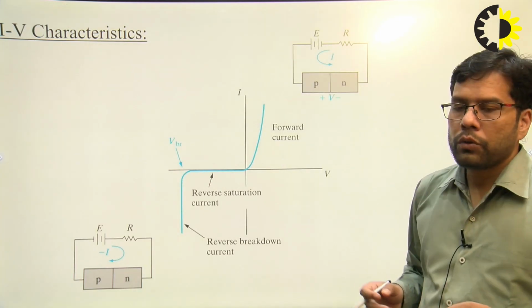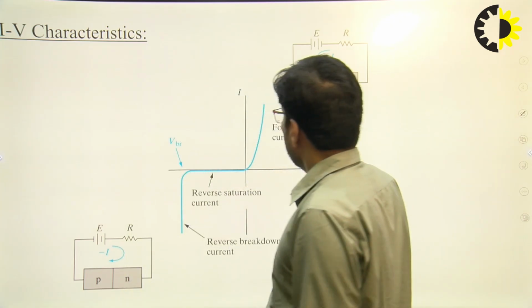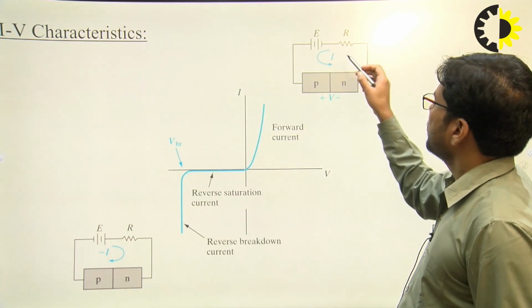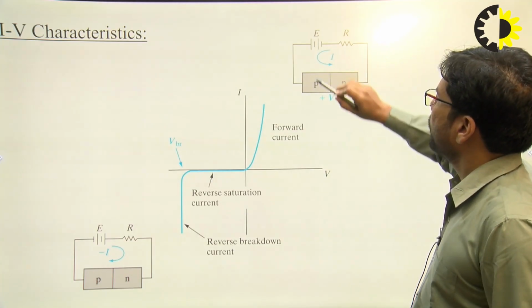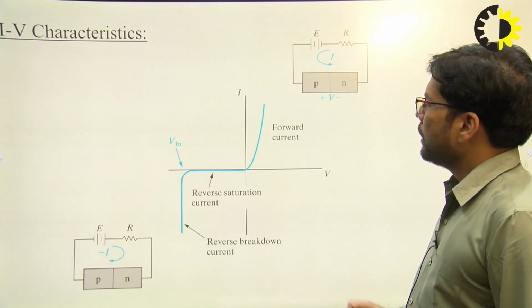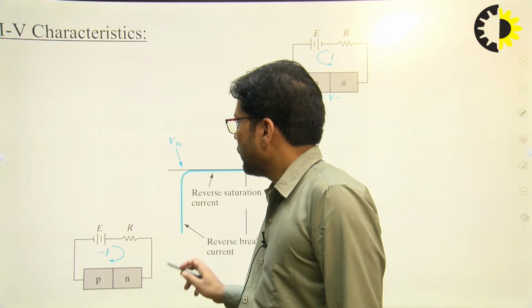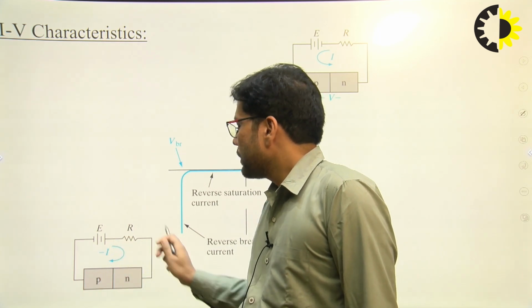I hope this one is clear to all of you, and this one is the IV characteristic of a simple junction diode. This region is called the forward bias condition. Why? Because P is connected to positive and N is connected to negative. And this region is the reverse bias region, because P is connected to negative and N is connected to positive.